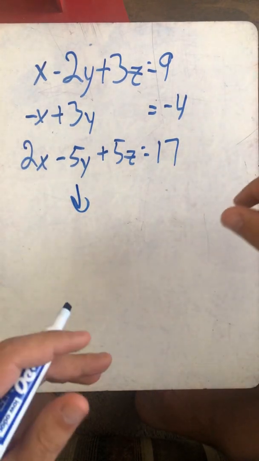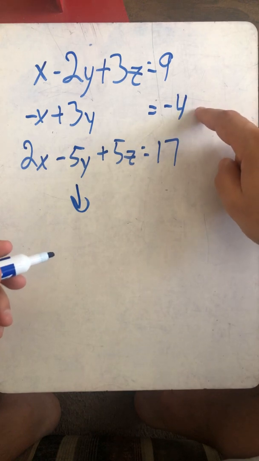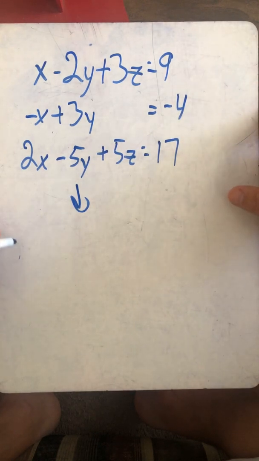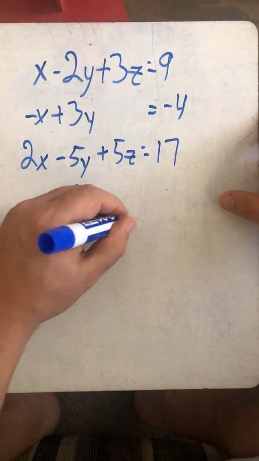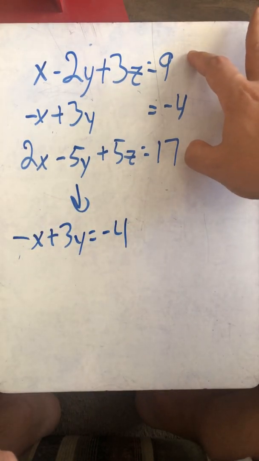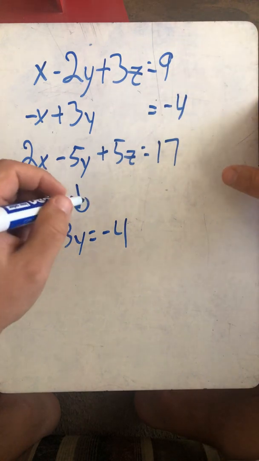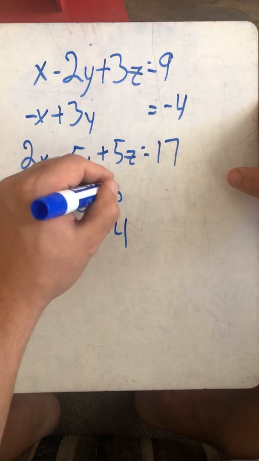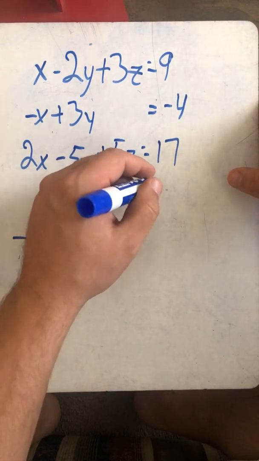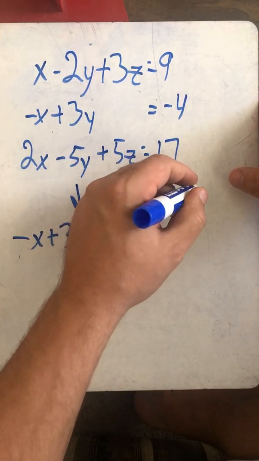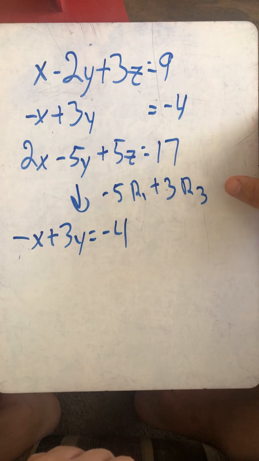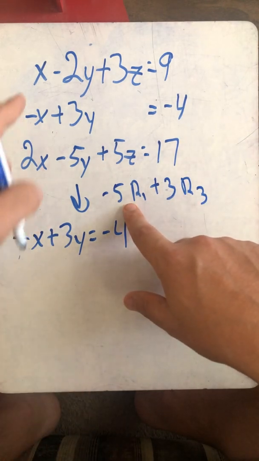So what I'm going to do, I'm going to do just that. So I'm not going to touch row 2. That's going to stay the same. I'm going to look to eliminate z. So I'm going to take -5 times the first row, and I'm going to add 3 times the bottom row. So we're going to take -5 times the top row.